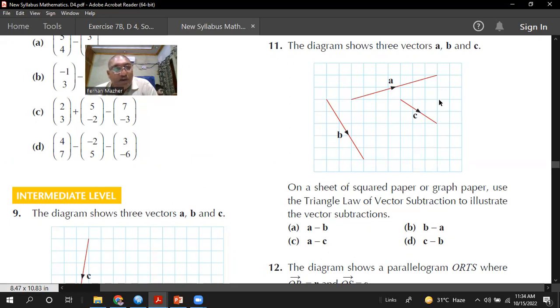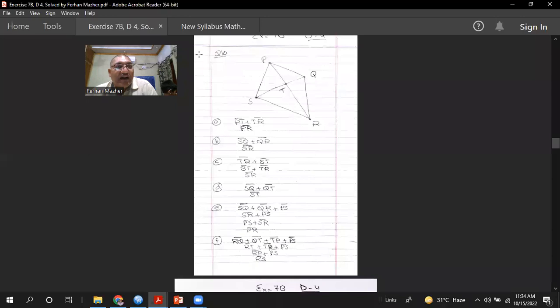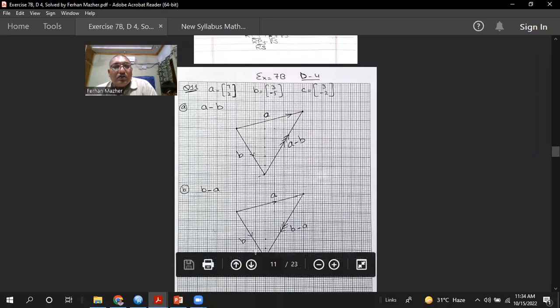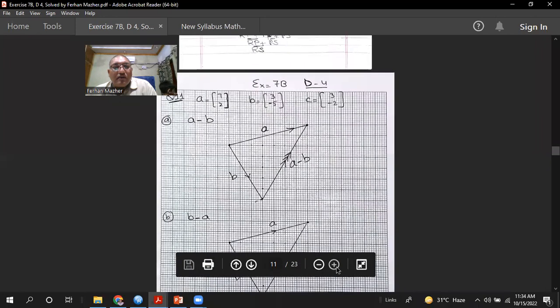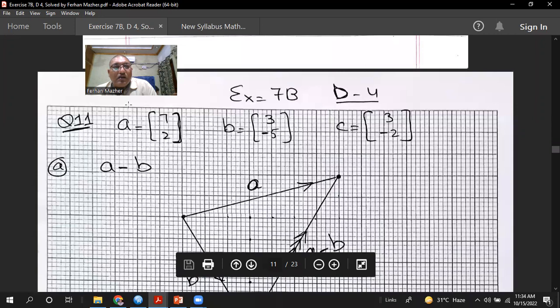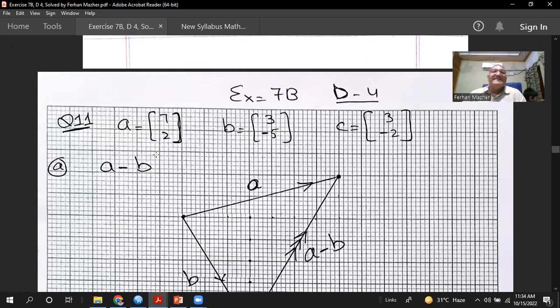For C, 3 positive on the x-axis and negative 2 on the y-axis. So A is (7, 2), B is (3, -5), C is (3, -2).